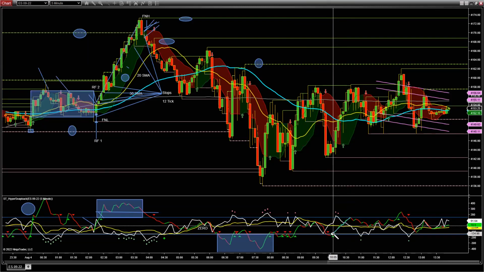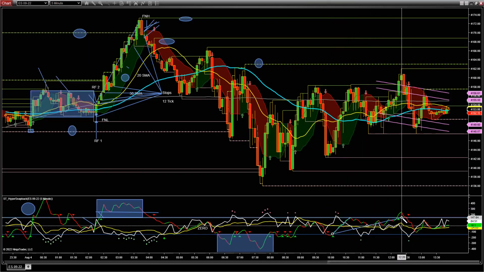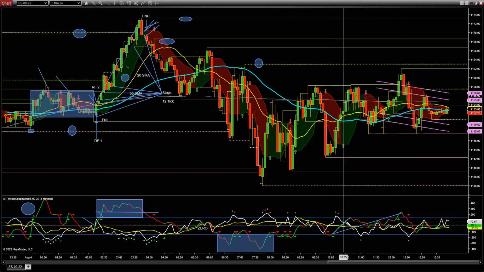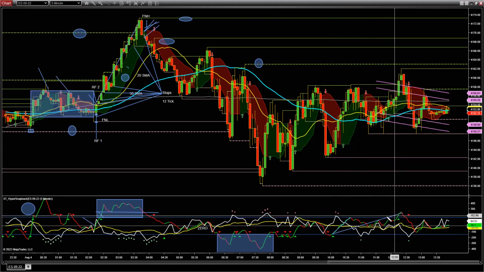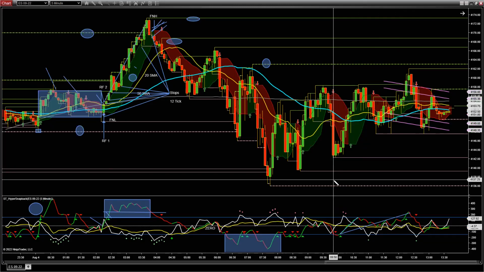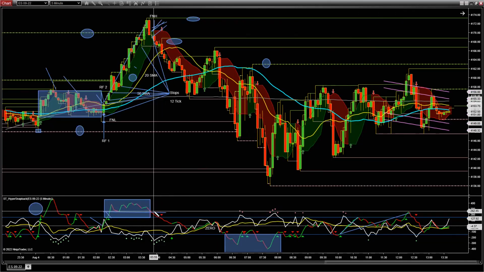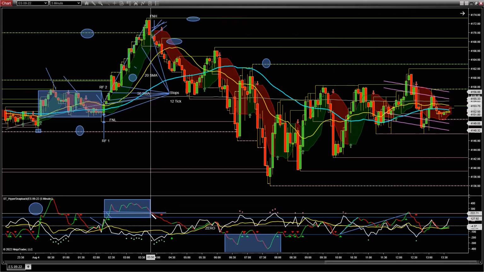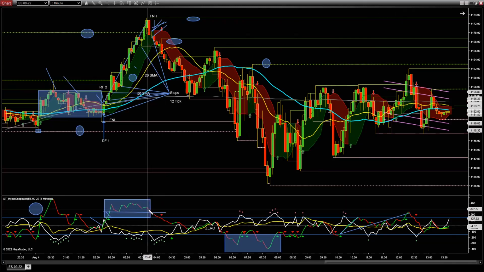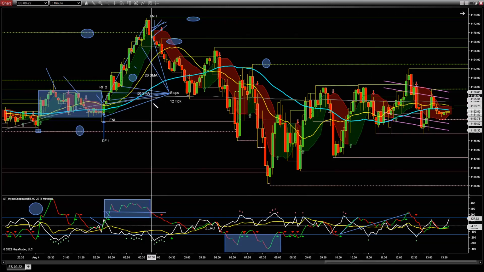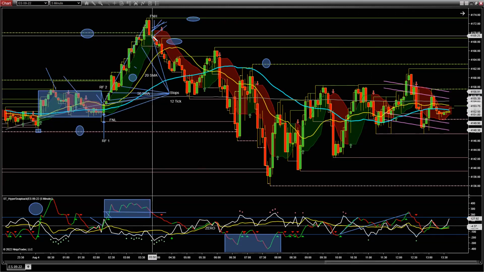But if I draw a line from here to there, my hyper snapback line is grinding up. But we'll get to that later. So this is negative divergence, and you can just go by the color now. The color is now red on the hyper snapback line. My momentum is not red yet.